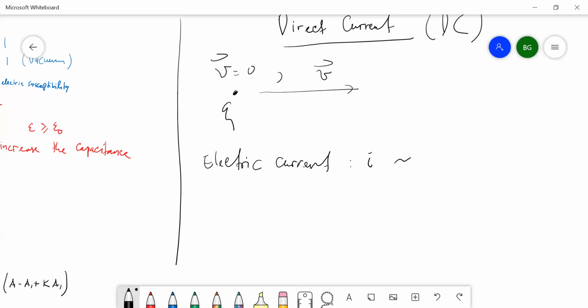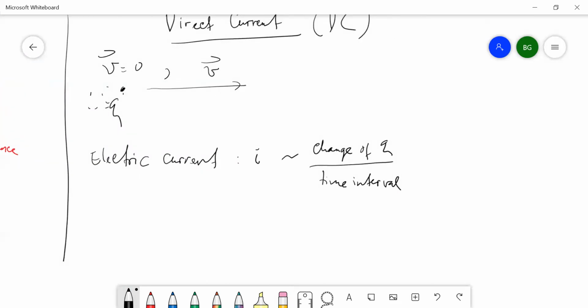It's related to the change of charge, if there are so many charges, over a time interval. So it should be related somehow to Q and also velocity.